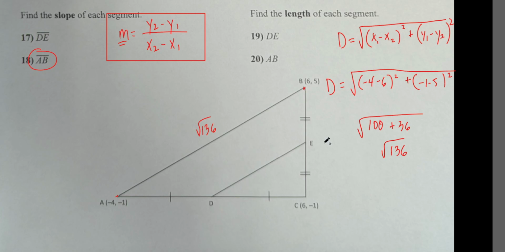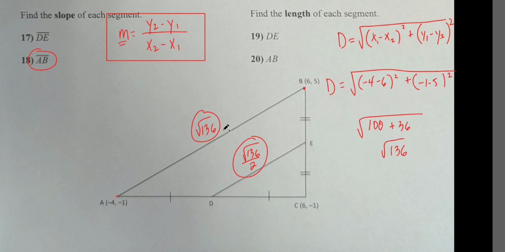Now, how do I find this midsegment then? This is how much of this? It's half of it. So how do I take half of something? Divide it by 2. So all I do is take the square root of 136 divided by 2. It's not the most simple way to write it. You can simplify this square root. We talked about it just a little bit this year, but just keep it like that. That's perfectly fine. Don't put it into a calculator. Don't get me a decimal.